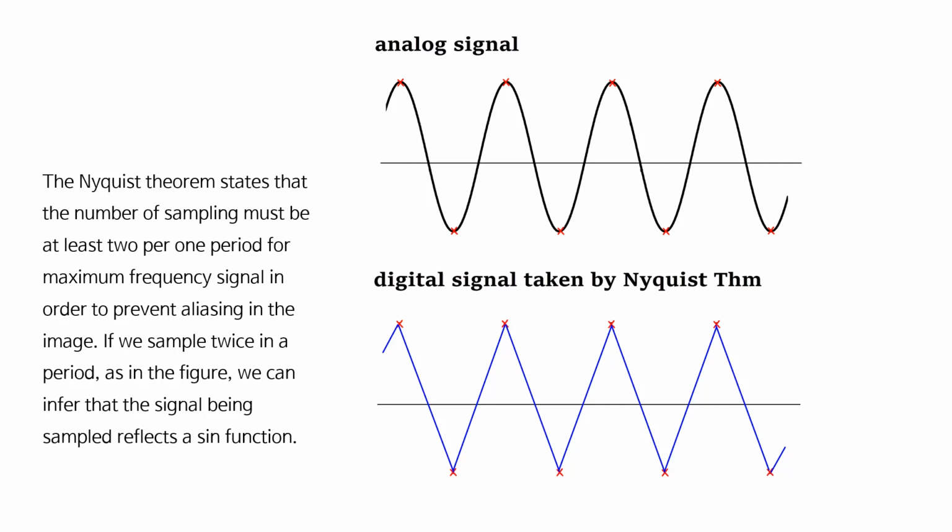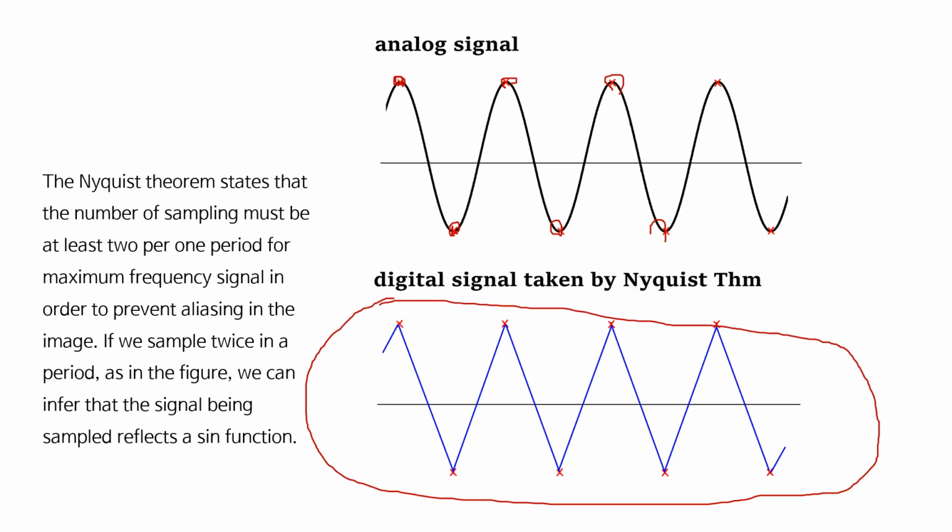Here we have a sine wave. If we take two data points per one period of the signal, we can have this picture. We just pick two data points per one cycle of the wave.